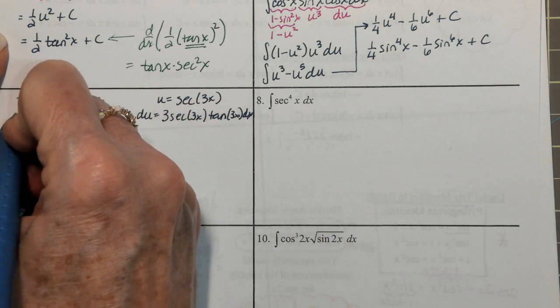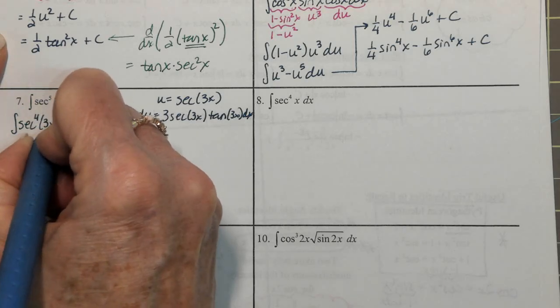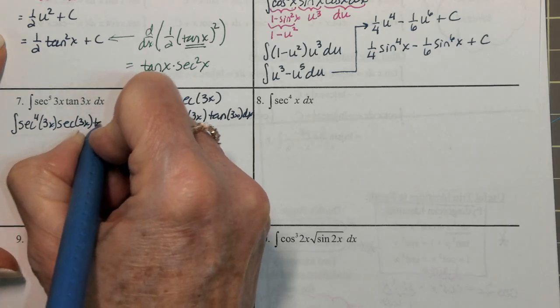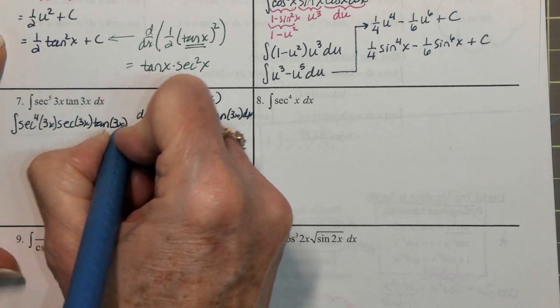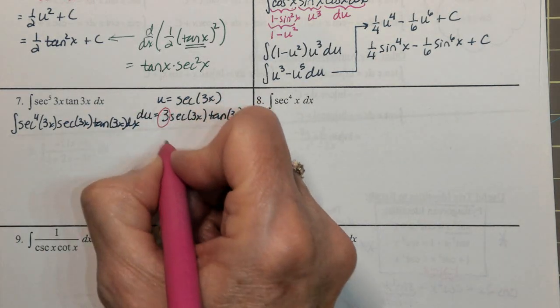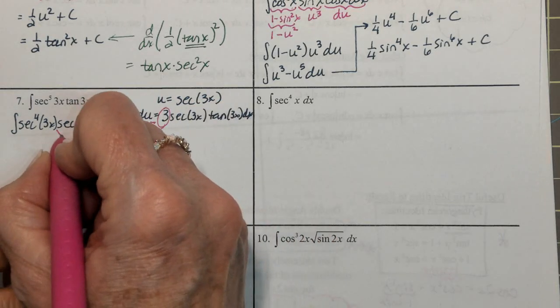So I can rewrite this as secant to the 4th of 3x times secant 3x tangent 3x dx. And now I have to remember that I have a 3 there. I'm going to divide by that 3 and put it with the du.